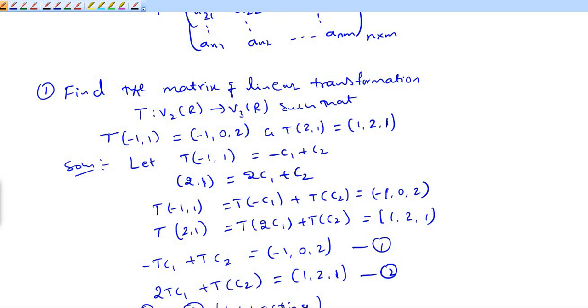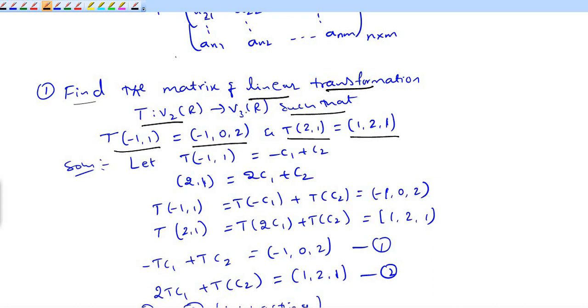Now let us consider an example. Find a matrix of linear transformation T from V2 of R to V3 of R, such that T of (-1, 1) is equal to (-1, 0, 2), and T of (2, 1) is equal to (1, 1, 1).